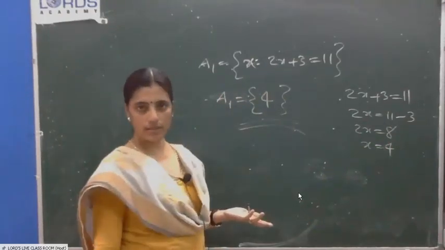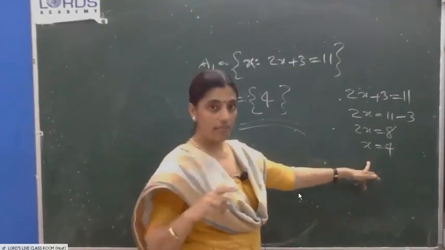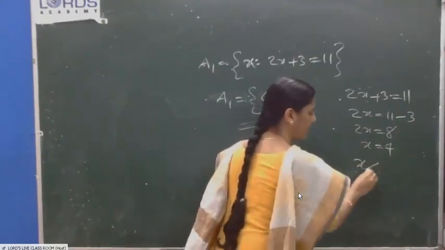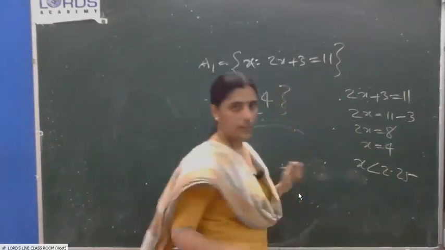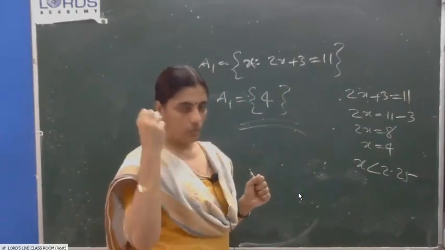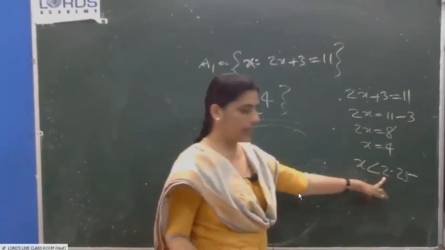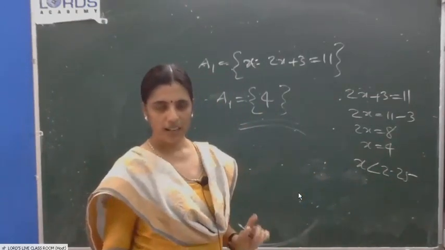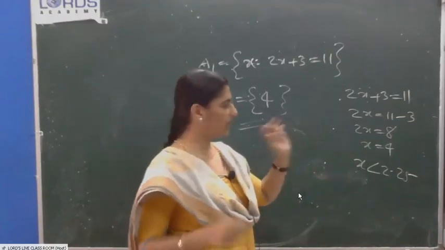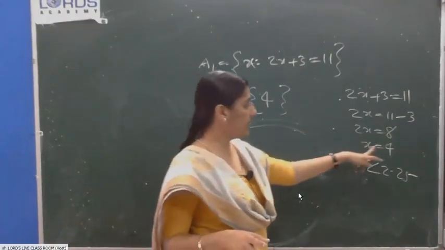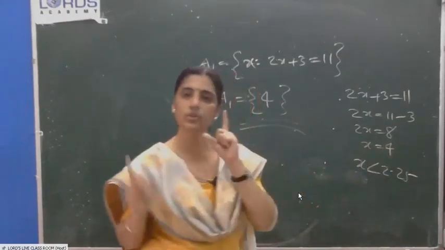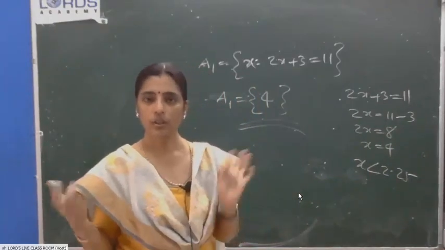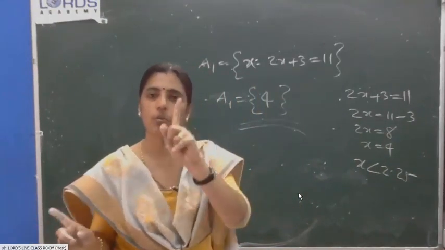No other members. Because last time it was an inequation. We got x less than 2.25. So 0 was there, 1 was there, 2 was there, everything was a chance. And they told from which family they came. Here nothing they told, and this is equal to. So x is equal to 4 means only one value. Not less than, not greater than. So one member.